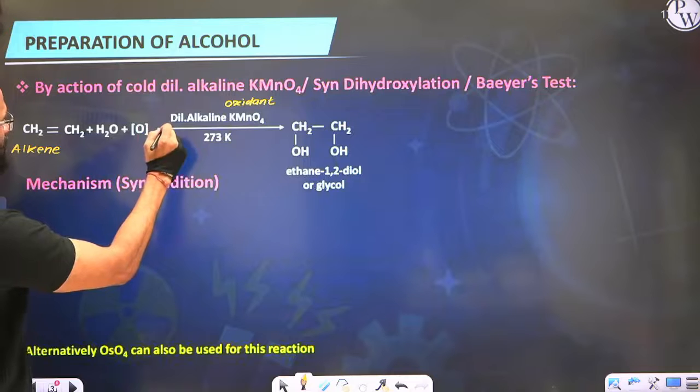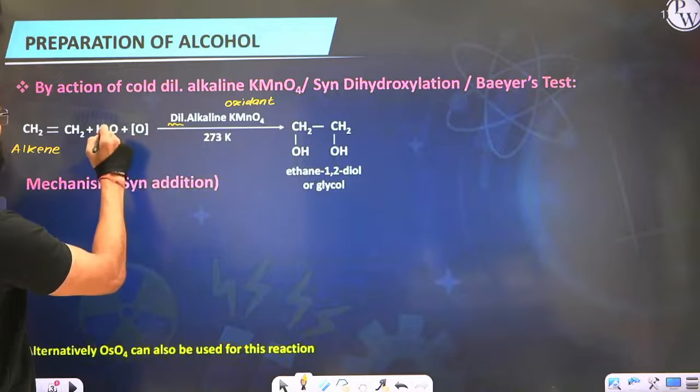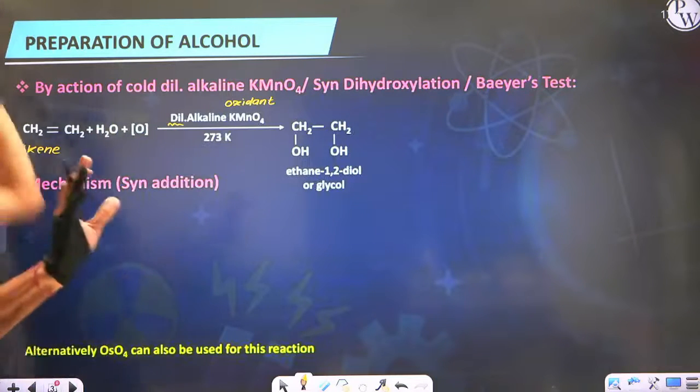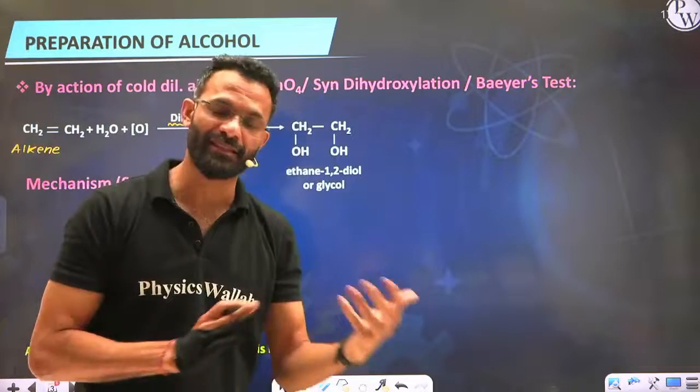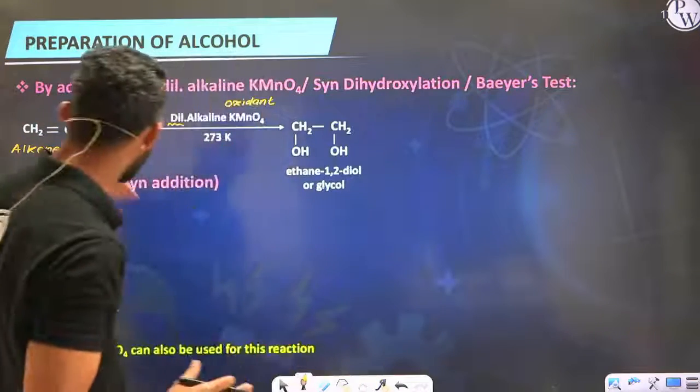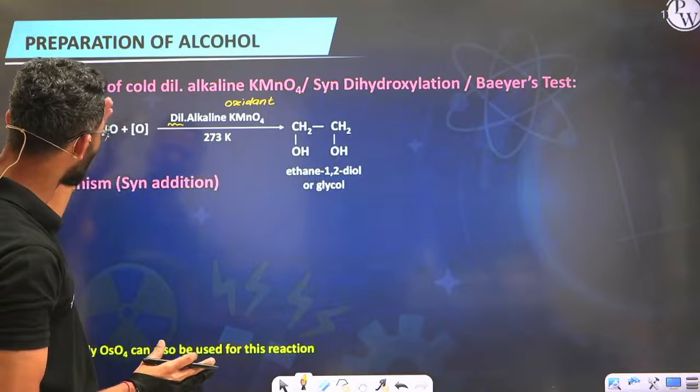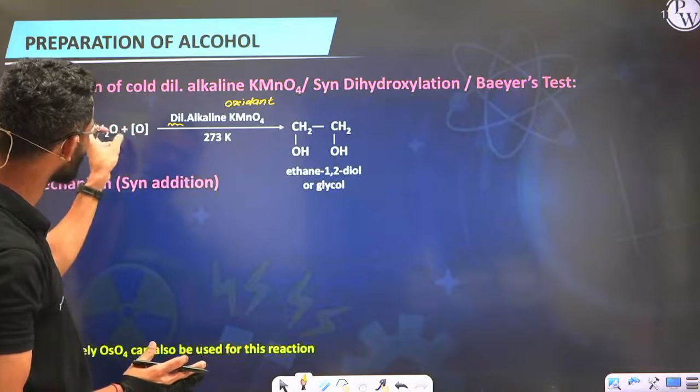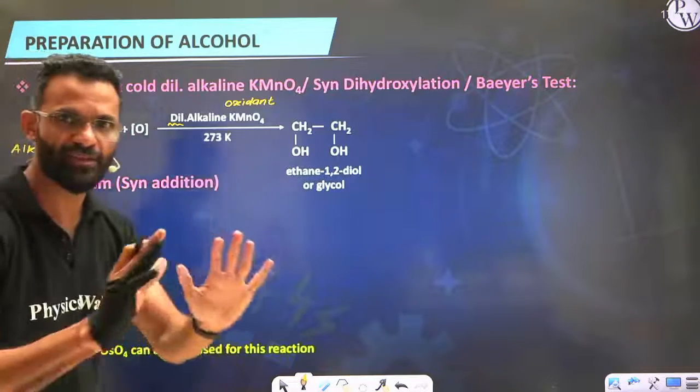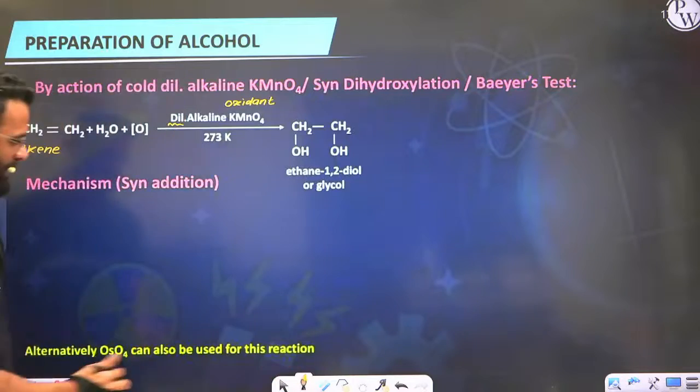And since I mentioned dilute, you can see water is mentioned here. Now, for the sake of understanding how you can remember this reaction, if I have H2O with nascent oxygen, and you add one more oxygen to this water, it's going to be H2O2. Let us assume like that.